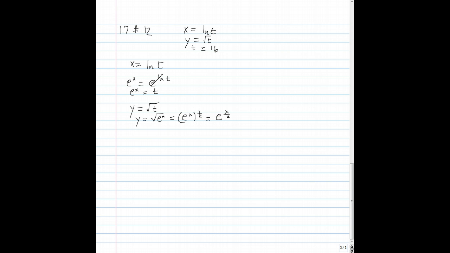So if we know that t is greater than or equal to 16, and we also know that x is equal to the natural log of t, that tells us that x must be greater than or equal to the natural log of 16. And this is approximately 2.77 rounded to 2 decimal places. That's from the calculator.